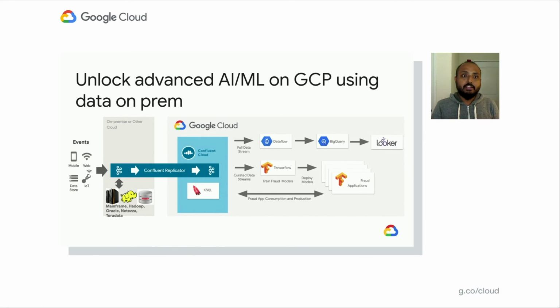If you are already invested in Kafka on-prem and want to start leveraging GCP services like AI/ML, visualizations, or BigQuery, you can do that immediately, without having to wait to move all the data to the cloud. So this sums up the core messaging of how a hybrid data pipeline can solve those business problems. Thank you very much for attending our session.